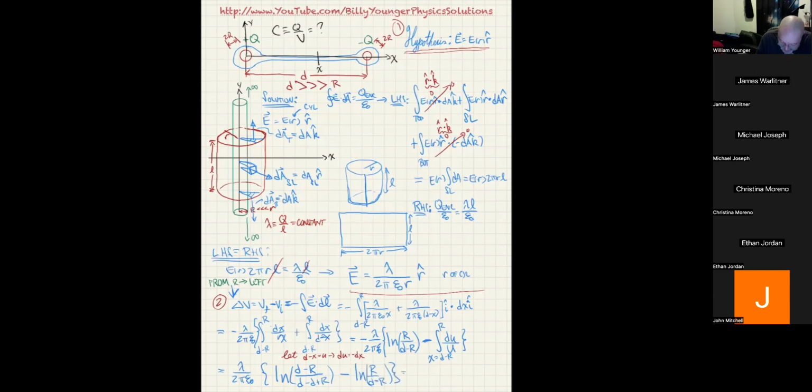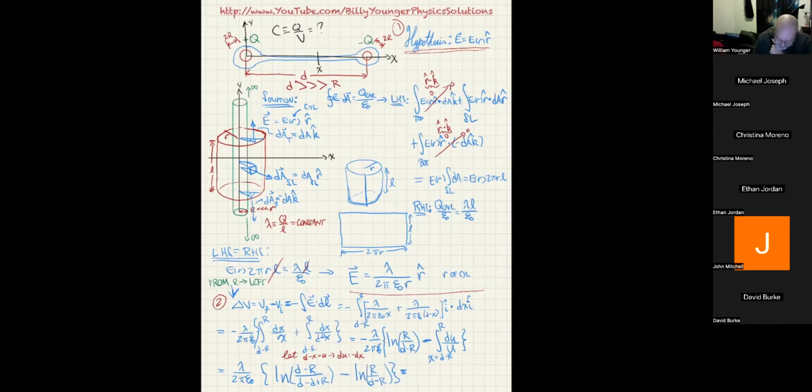Now, remember that multiplication by a logarithm is the same thing as making that multiplication an exponent on the argument. So I could actually flip over the second r over d minus r.